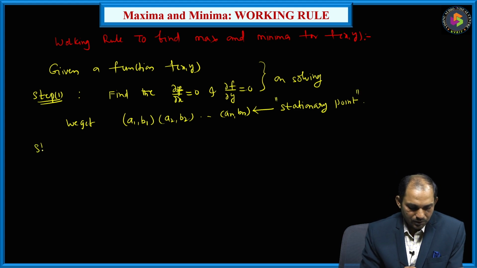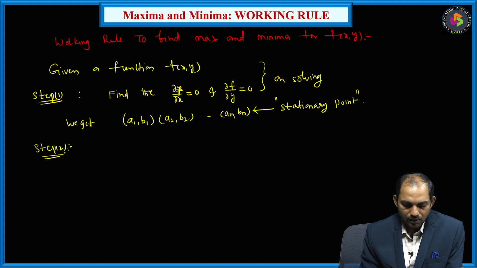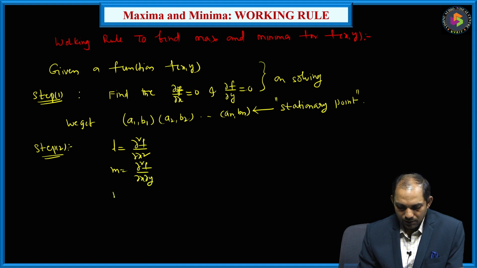Once the stationary points are computed in step 1, we have to compute the higher order partial derivatives, which are denoted with L, which is given by dou square f by dou x square, and m is given by dou square f by dou x dou y, and n is equal to dou square f by dou y square.